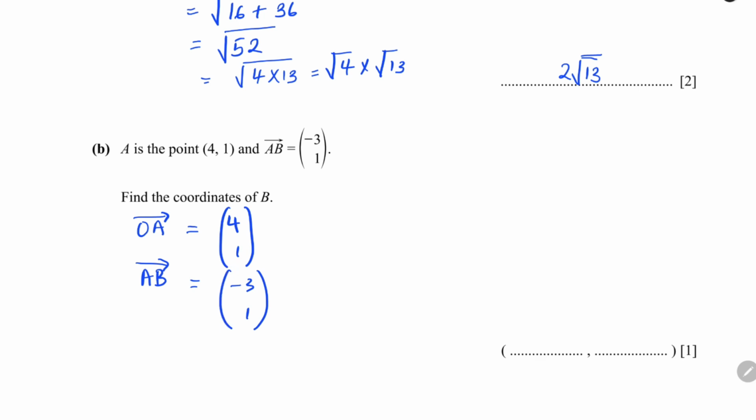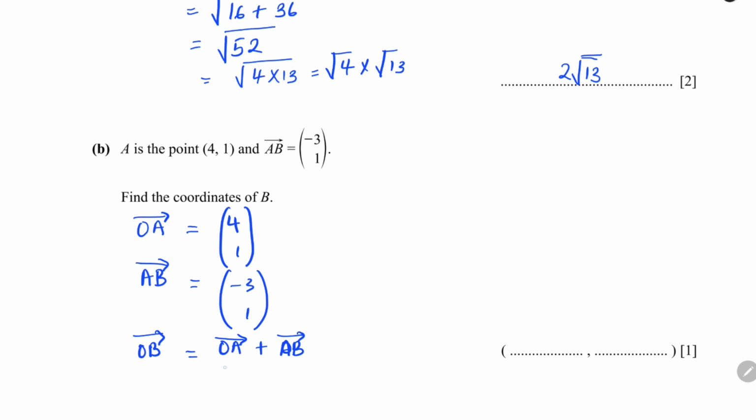And if they are asking you for the coordinates of B, they are actually asking you for vector OB, which will just be OA plus AB. So what you're looking for is really OB. OB will be given by OA plus AB.